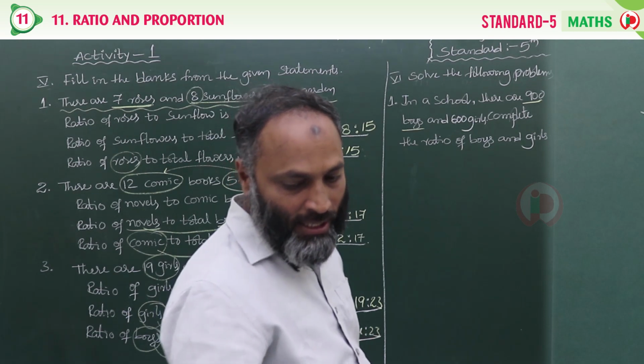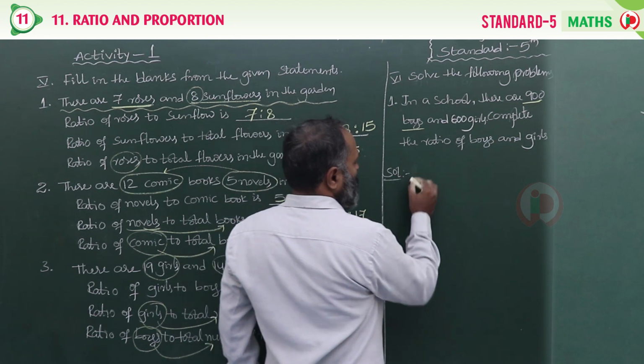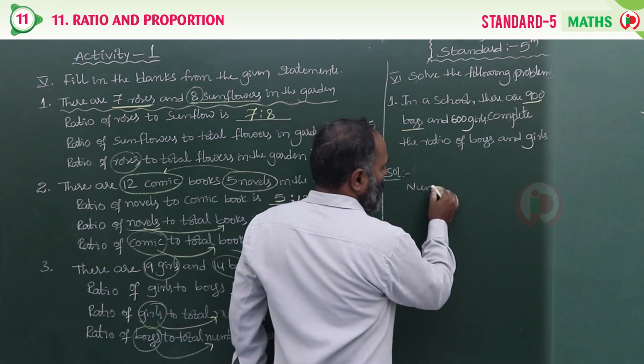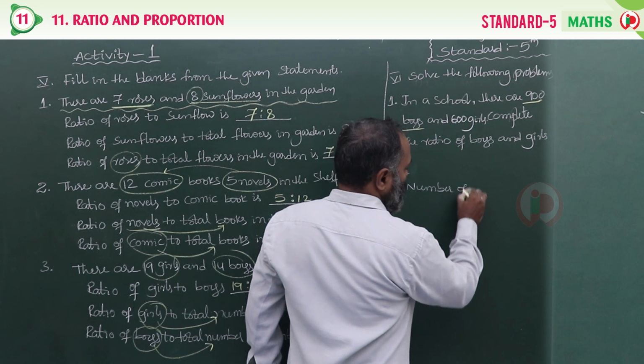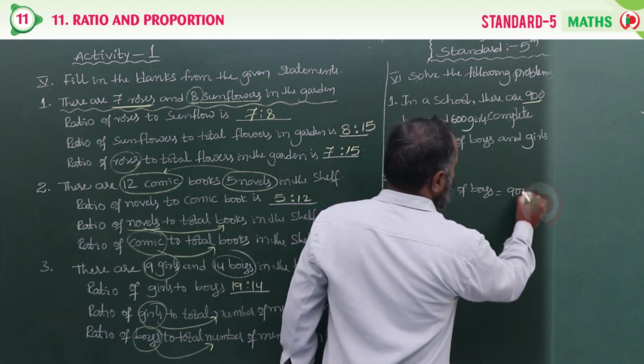First he is asking boys and girls, so how to find it? Number of boys, how many boys do we have? 900.